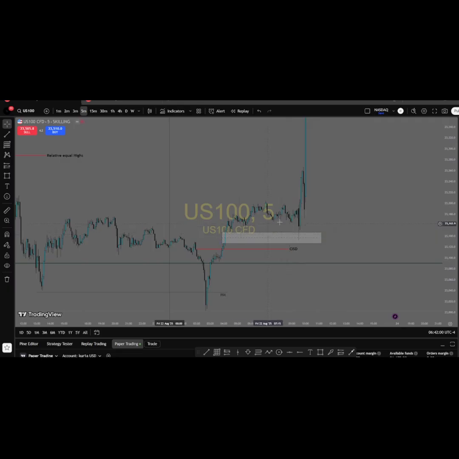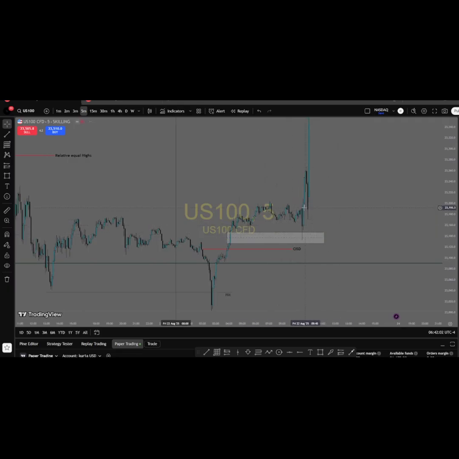All right. So I placed my orders on the top of that fair value gap, at the 23,147.4 level. That was where I placed my buy limit right there, and my stop right there.